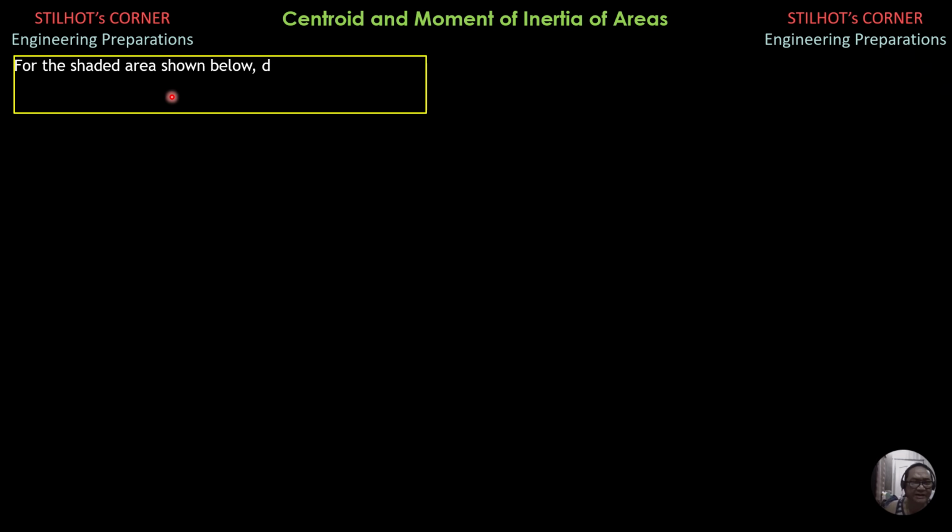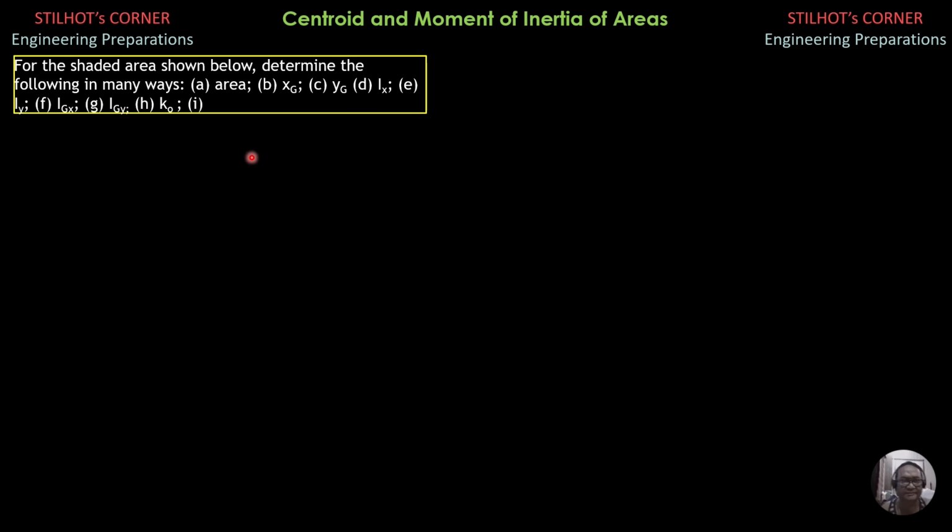So for the shaded area shown below, determine the following in many ways. Area, x sub g, the x-coordinate of the centroid of area, the y-coordinate of the centroid of area.